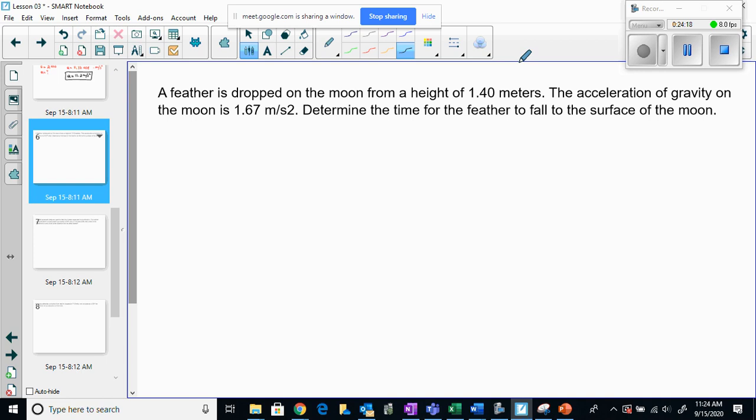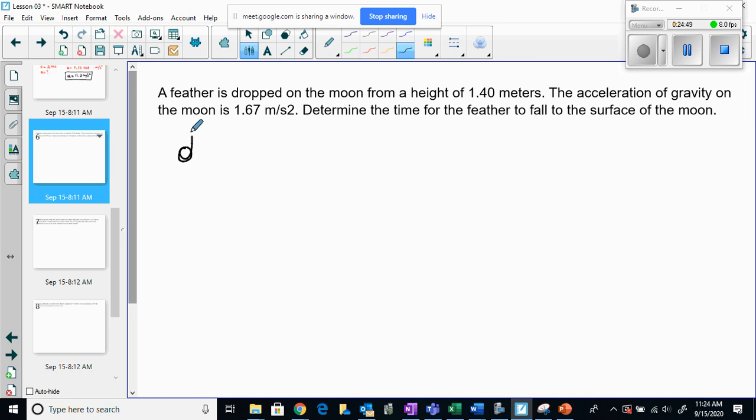Therefore, the feather is falling down without experiencing the force of friction, which we will talk about later on. Anyway, we are assuming here that it's a vacuum and the drop of the feather is not affected by any of the friction that a feather may experience here on Earth, let's say.